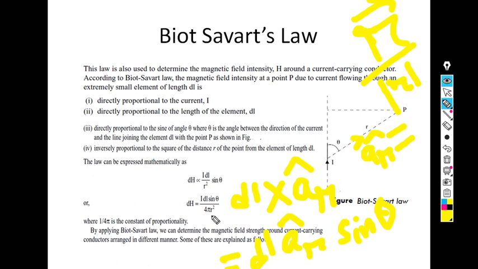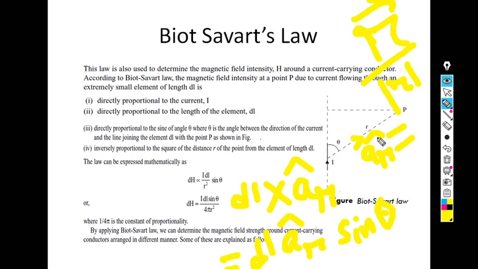So what we have seen is that this dB, the flux density or magnetic field strength, depends on the current, the small elemental length, and the sine of the angle between these two, and is inversely proportional to the square of this distance, right?